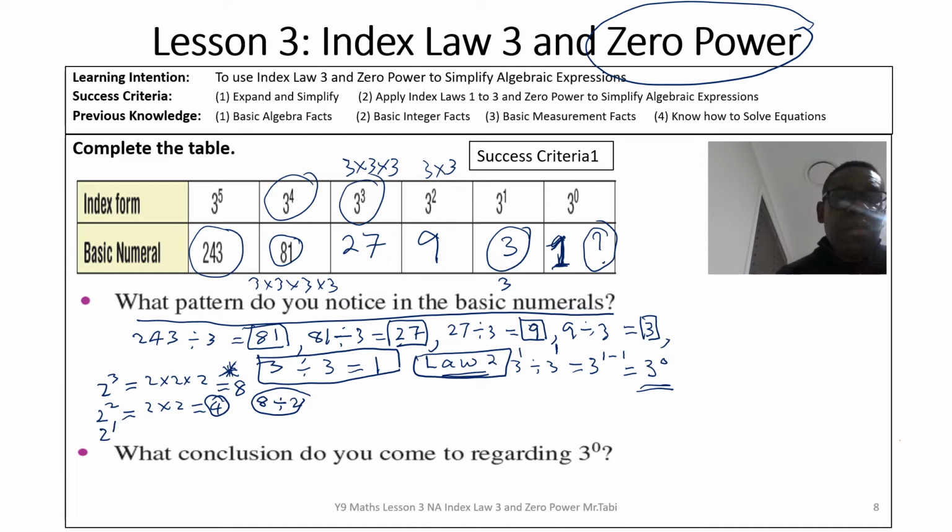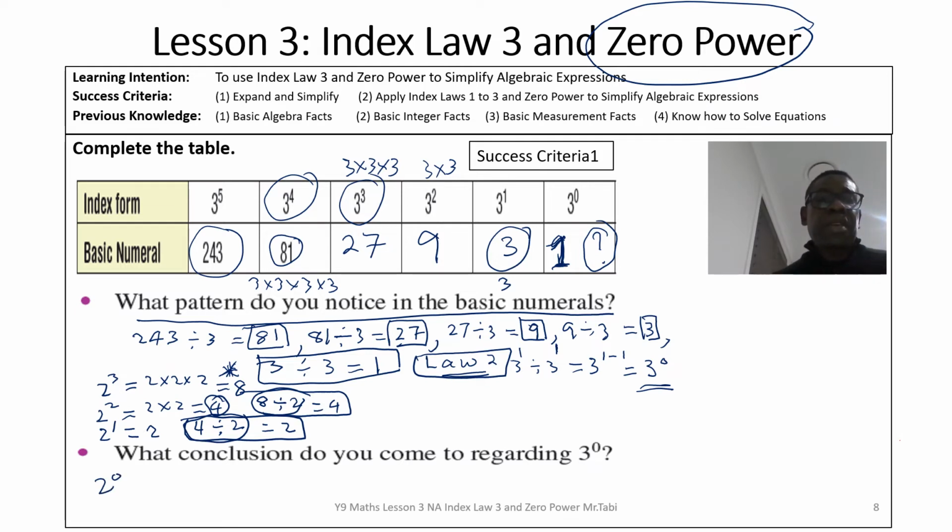2 to the power of 1 is equal to 2. And why is it 2? Because it is this 4 divided by 2, which is equal to 2. So what is 2 to the power of 0?